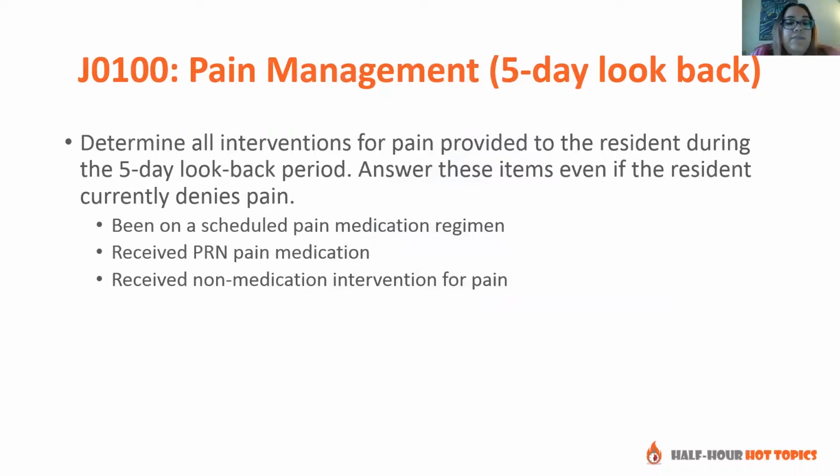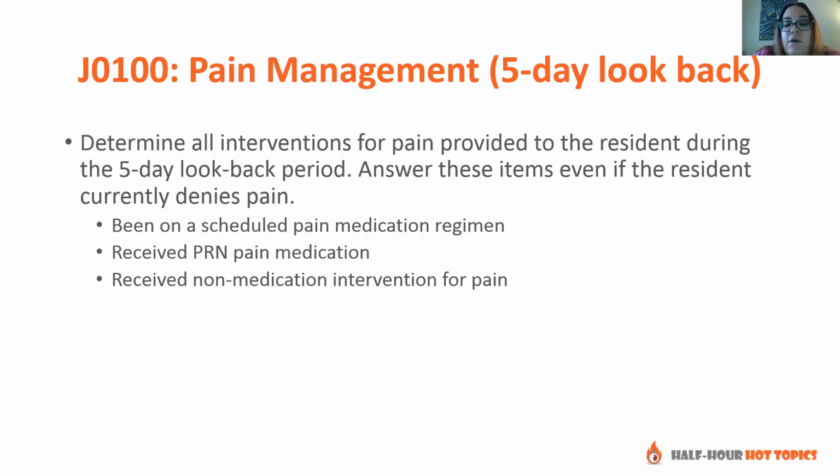And did they receive any non-medication interventions for their pain? A scheduled pain medication regimen is defined as a pain medication order that defines dose and specific time intervals for pain medication administration. So, once a day, every 12 hours, something like that.